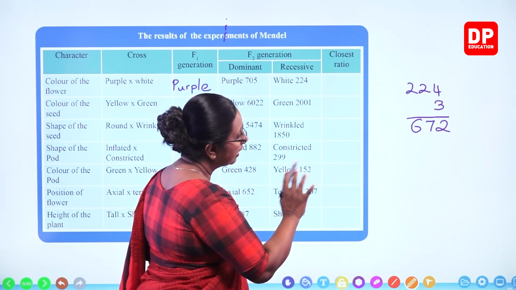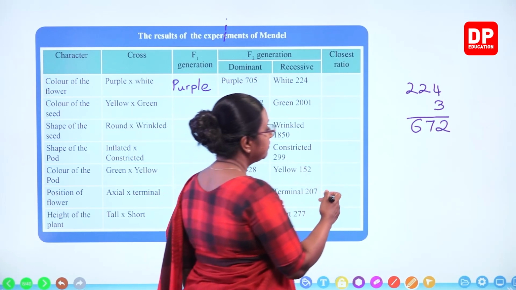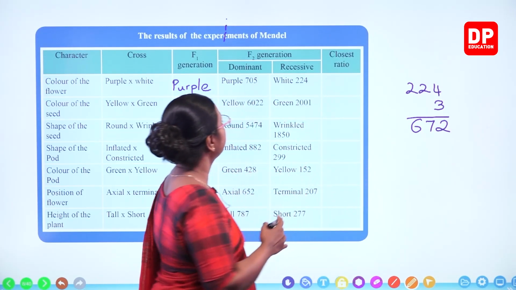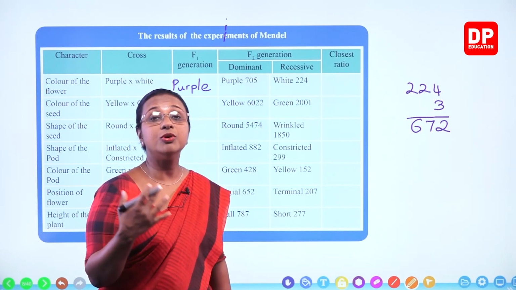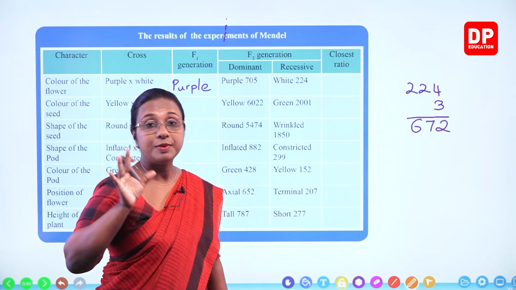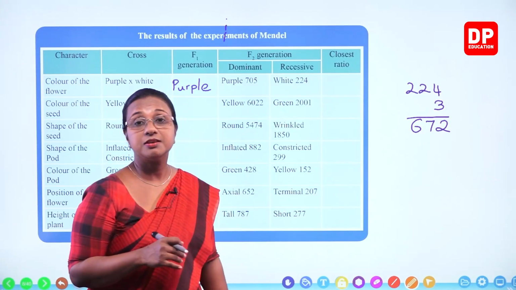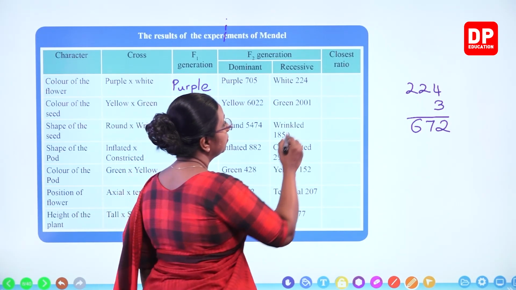So from that you can understand it is a ratio of 3:1. Or even if you divide 705 by 224, you will get a value a little more than 3 point something. But we take the closest ratio. Closest ratio is going to be 3:1.